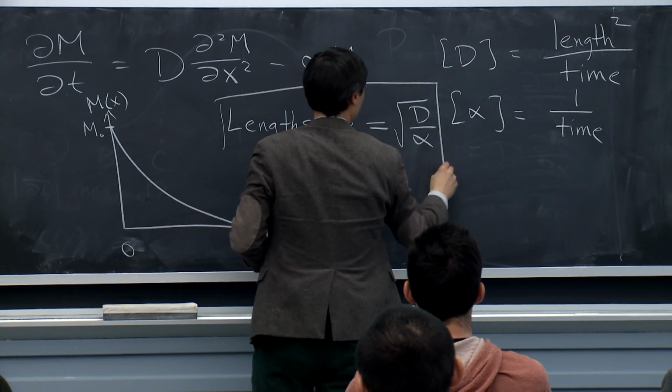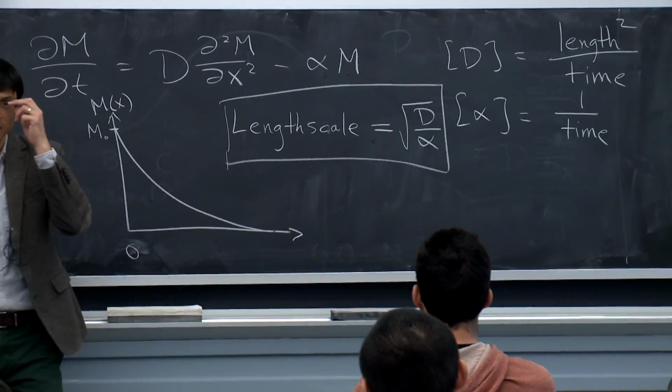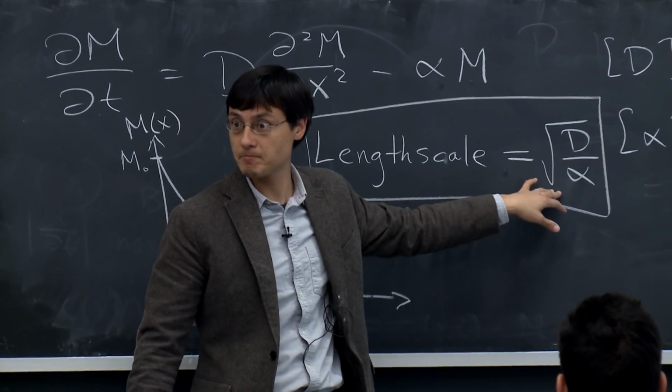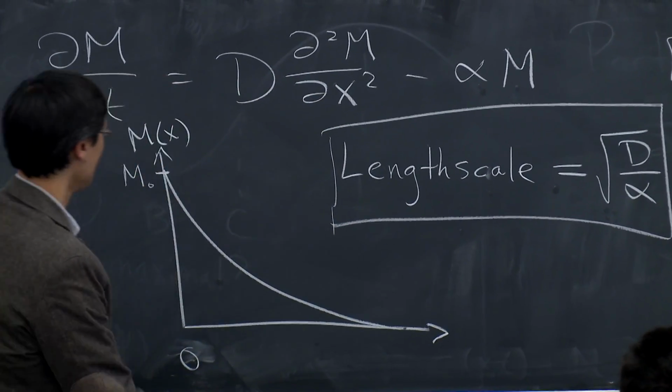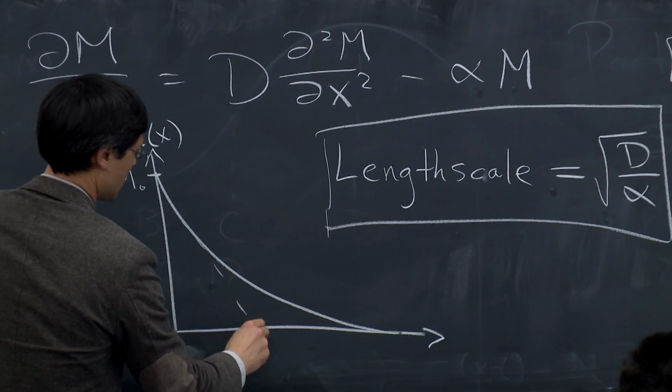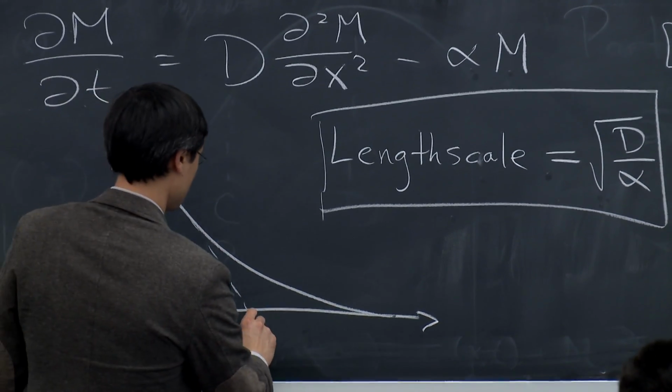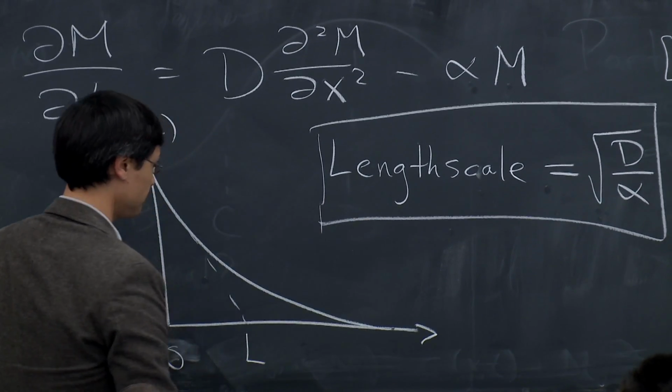And indeed, if you solve it, it's exactly equal to that, but this dimensional analysis just told us that it had to scale like that. So this is telling us about the characteristic length over which this morphogen profile is going to fall off. This is the characteristic length L.